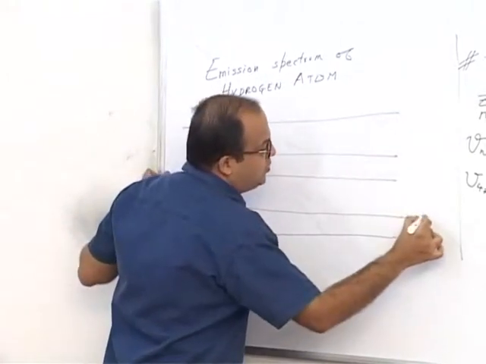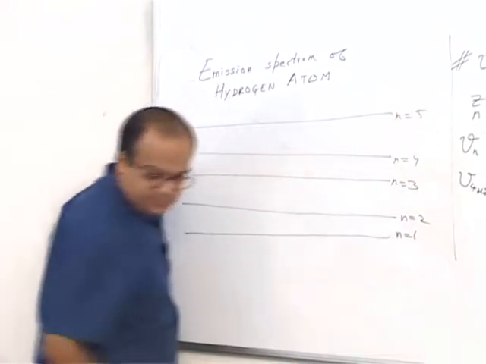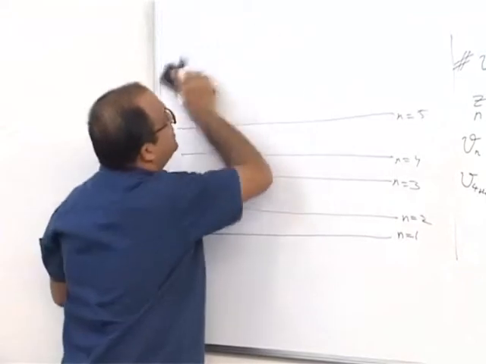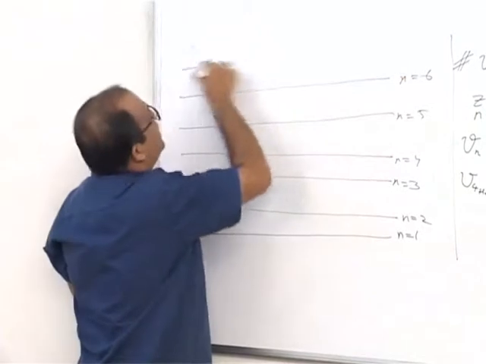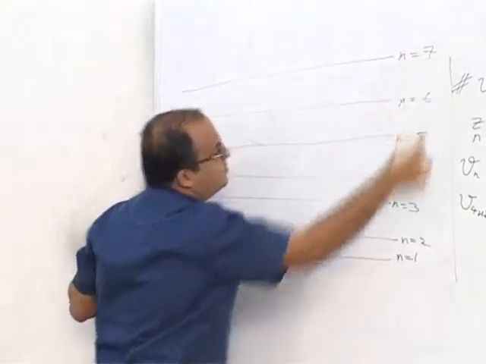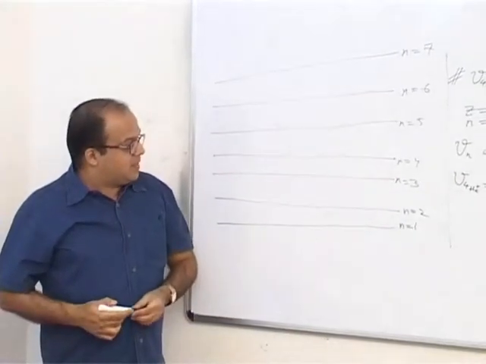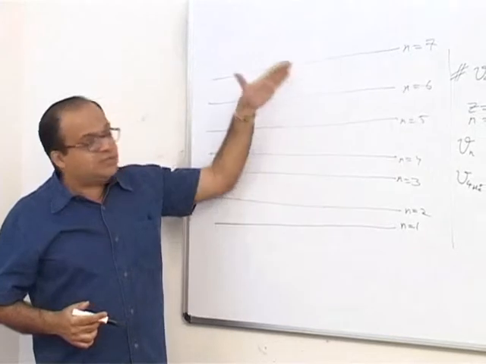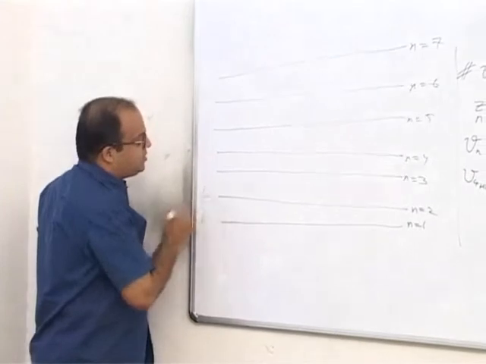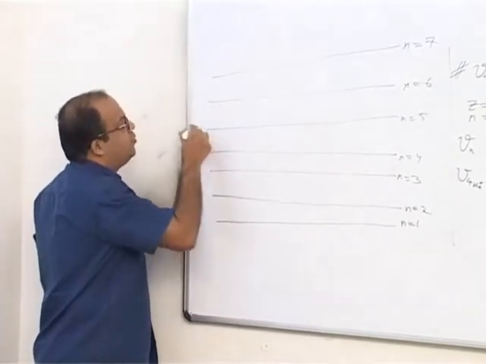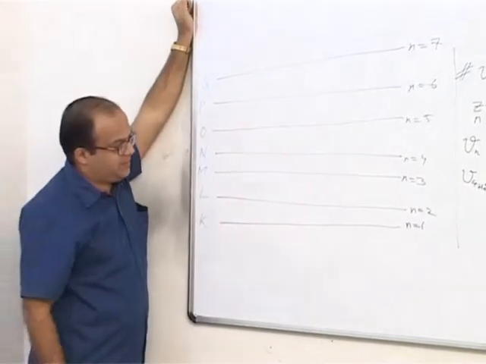So this is n equal to 2, n equal to 3, n equal to 4, n equal to 5, n equal to 6, n equal to 7. As far as the Bohr model is concerned, these are the orbits. In our present understanding, these are various energy levels. These are called K shell, L shell, M, N, O, P, Q, and so on. These names are for historical reasons.